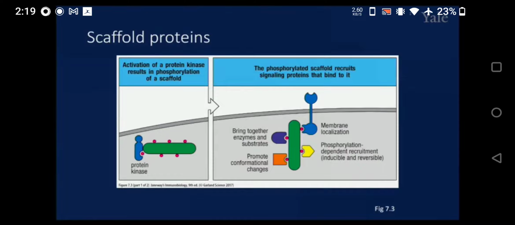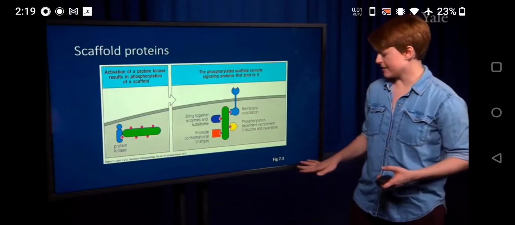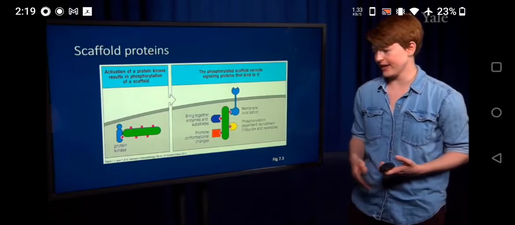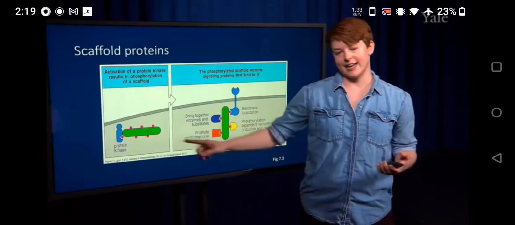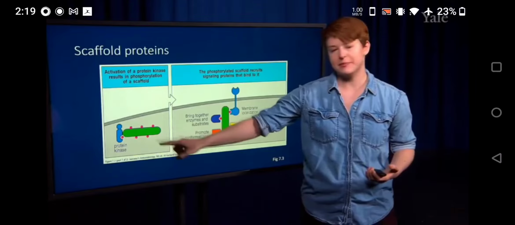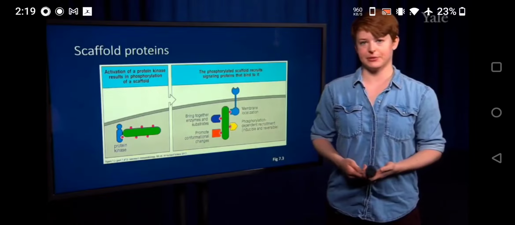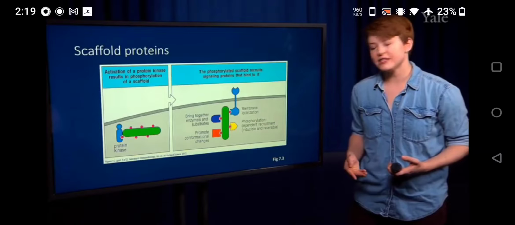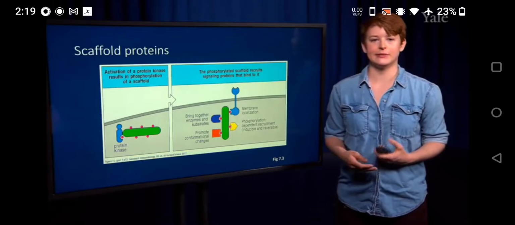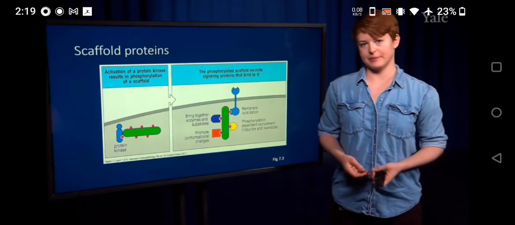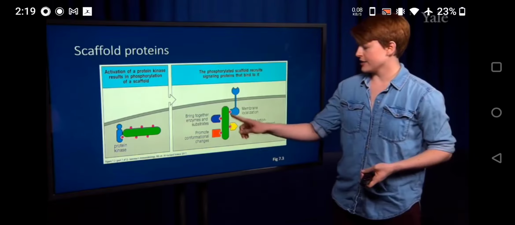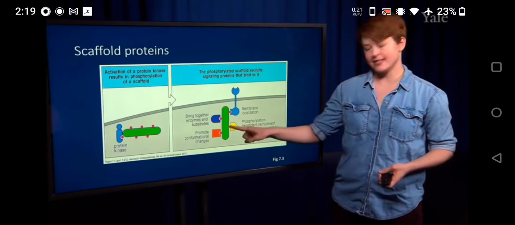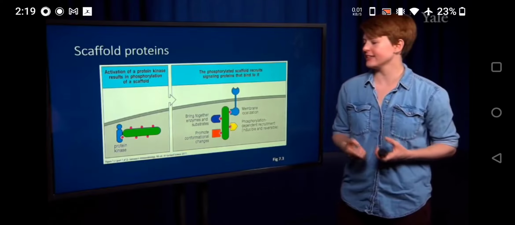You can see this in this example here in figure 7.3, where we have a protein kinase in blue that adds these pink phosphate groups to scaffold protein. Then these phosphate groups allow for different other proteins to bind. So you can see here, this green scaffold then brings together these different proteins so they can function together.